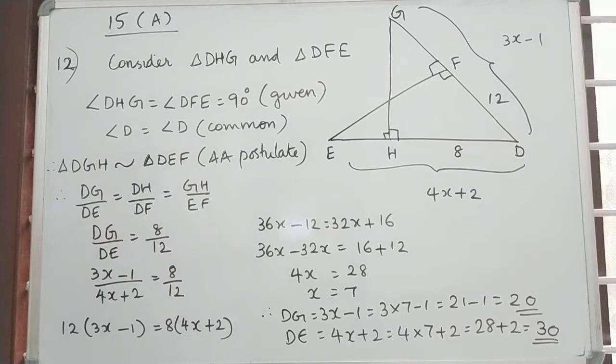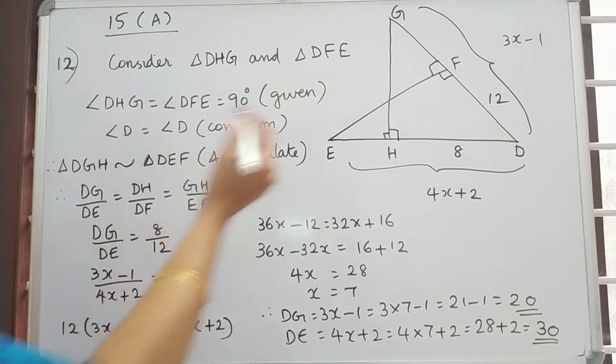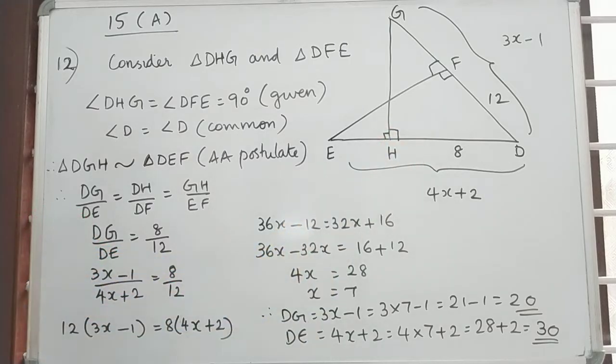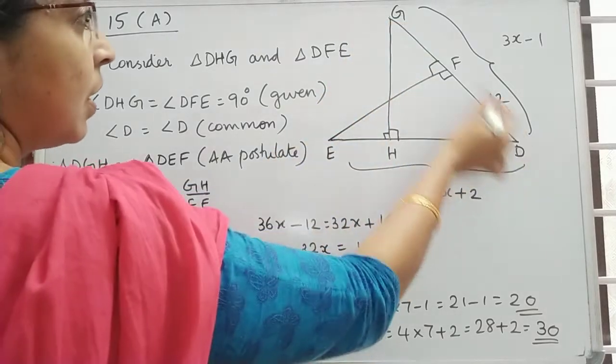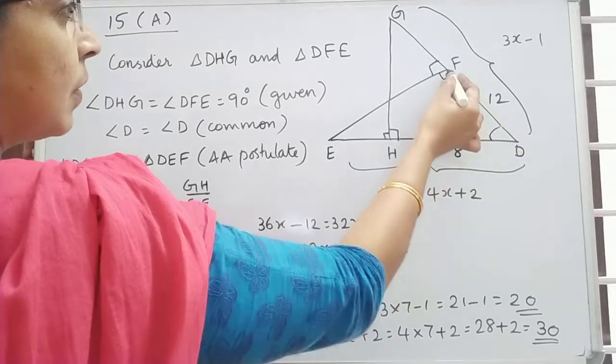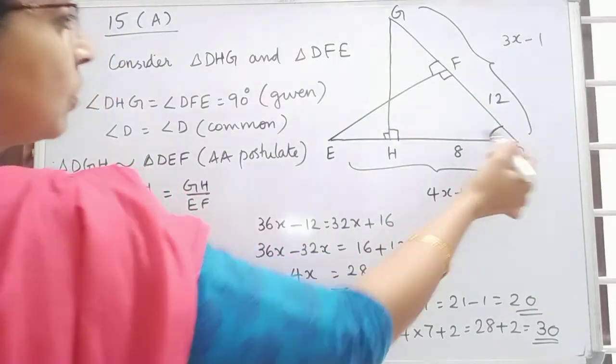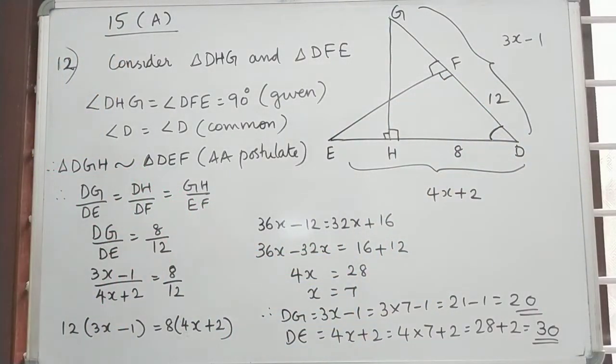Given DHG is equal to DFE is equal to 90 degrees and angle D is common for both the triangles. In this triangle D is there, this triangle also D is there. So D is common. So we can say triangle DGH is similar to triangle DEF using the AA postulate.